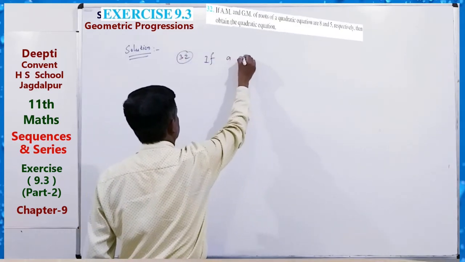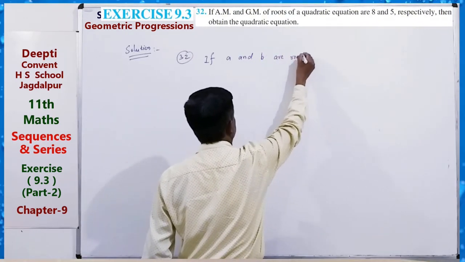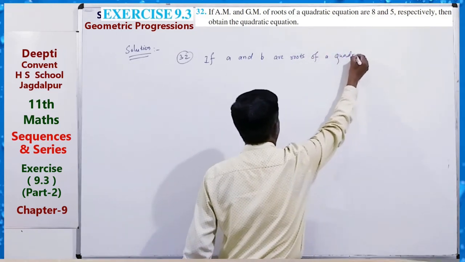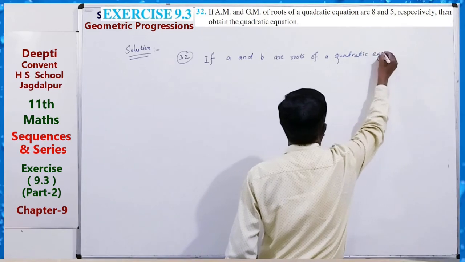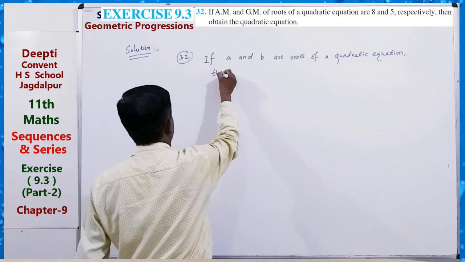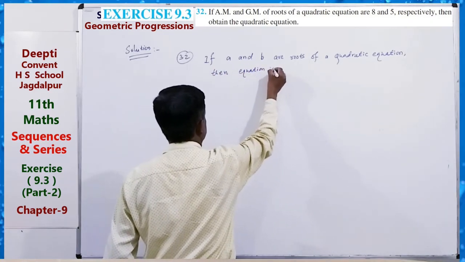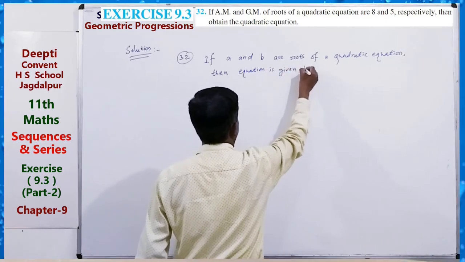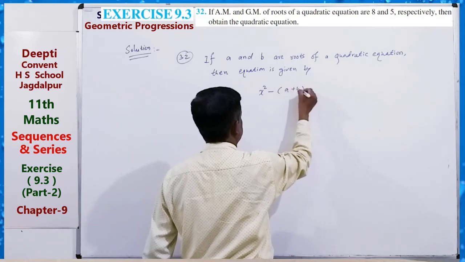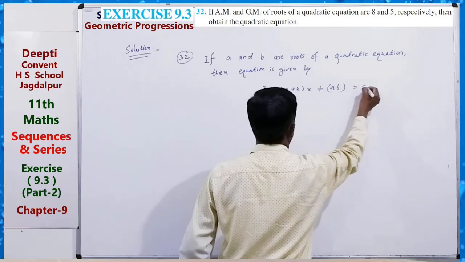if a and b are roots of a quadratic equation, then the equation is given by x square minus (a plus b) into x plus ab equals to 0.